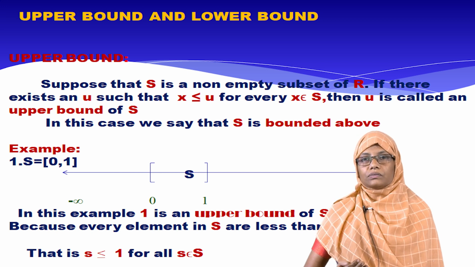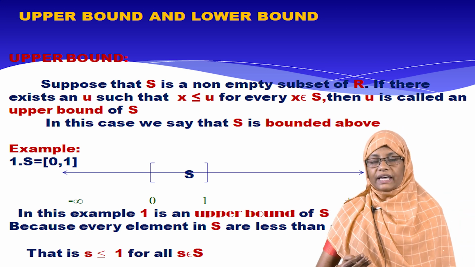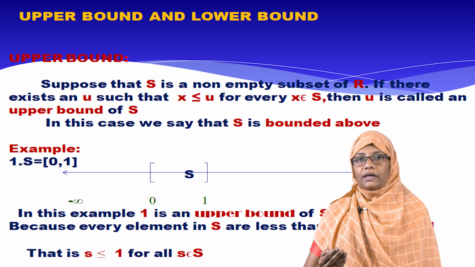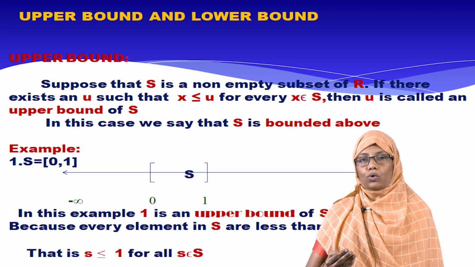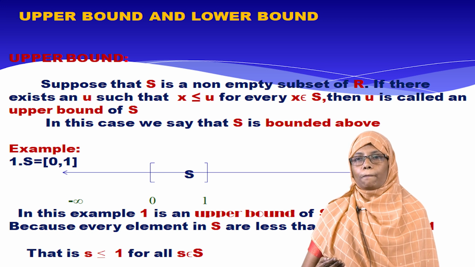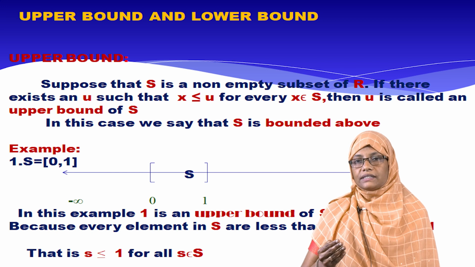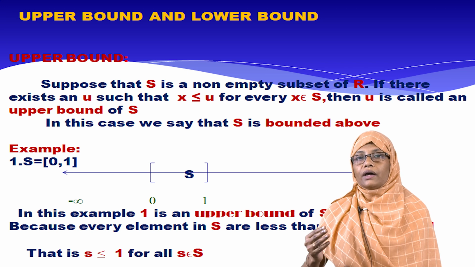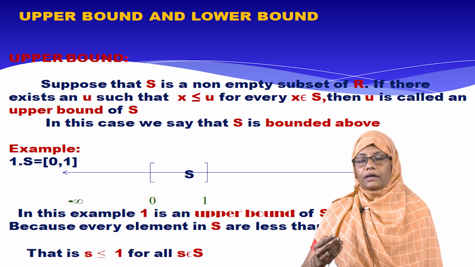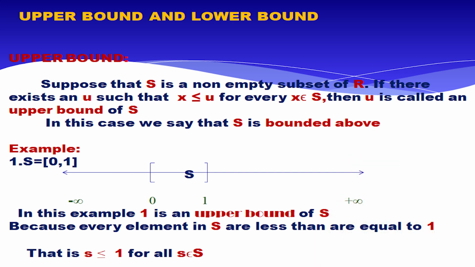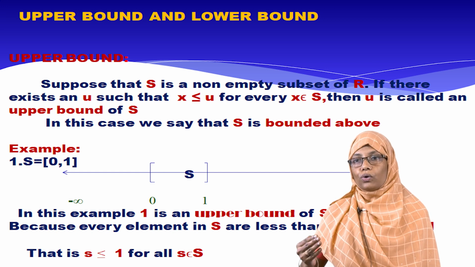See one example. Consider S is a subset of the real numbers R. In this case, S is the closed interval [0, 1]. Here, on the number line from minus infinity to plus infinity, S is the subset shown in the figure, 0 to 1. So in this example, 1 is an upper bound of S, because every element in capital S is less than or equal to 1.